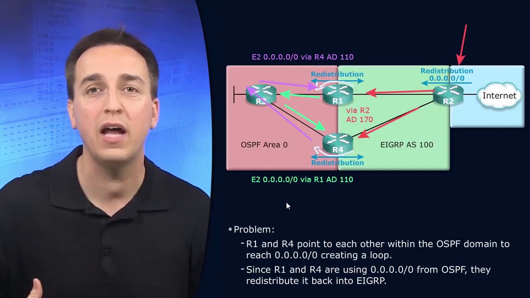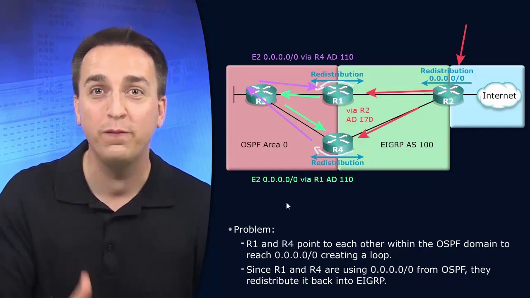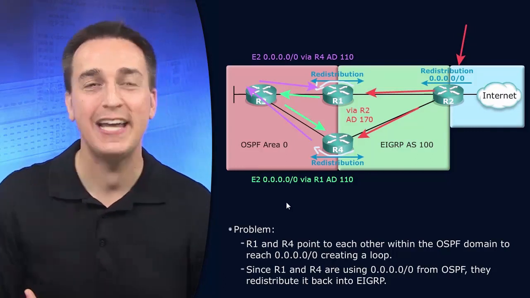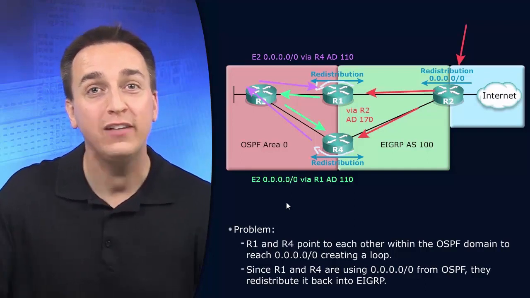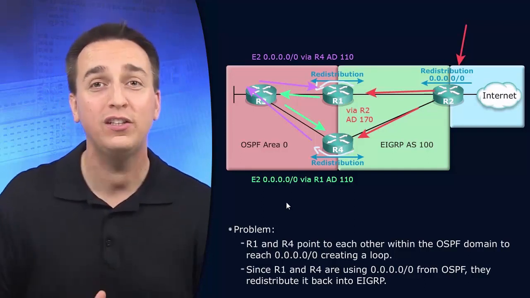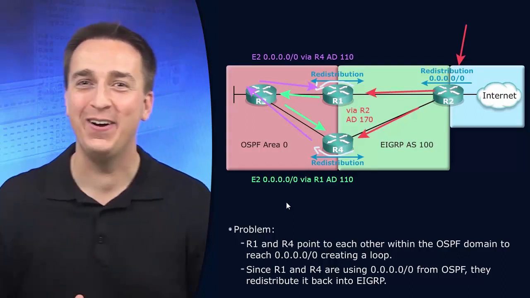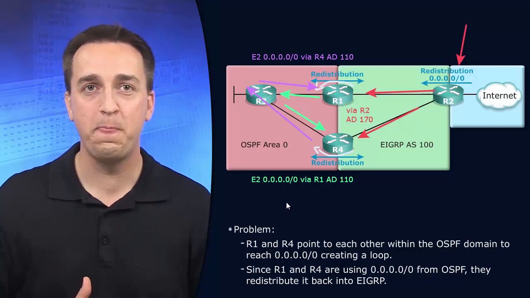So they tell each other that it doesn't exist, so they remove that route from the routing table, from their link state database, and then they reinstall the EIGRP learned route from R2 into their topology table, and then what do they do? They redistribute it back into OSPF, and R1 and R4 point back at each other.